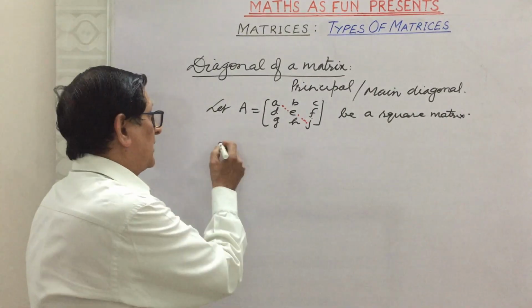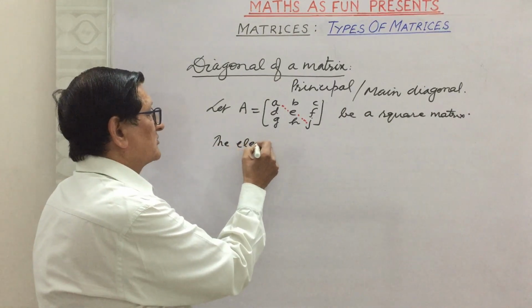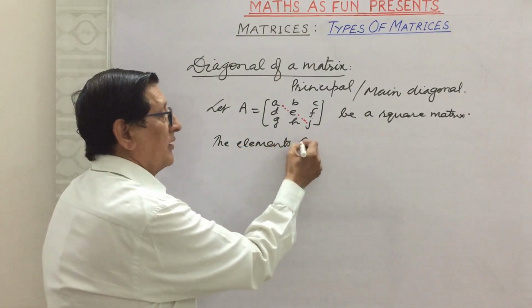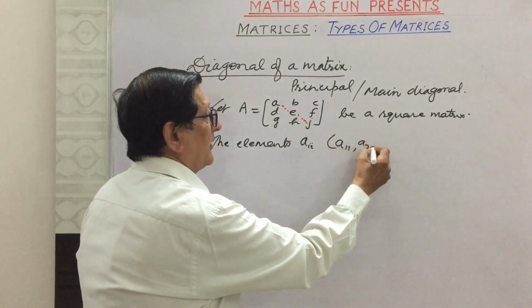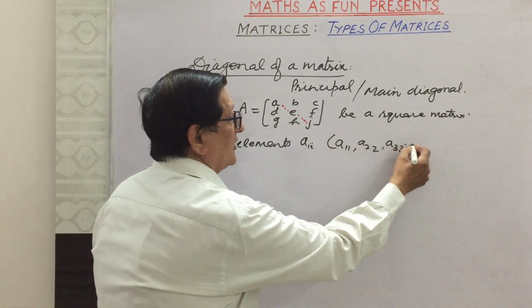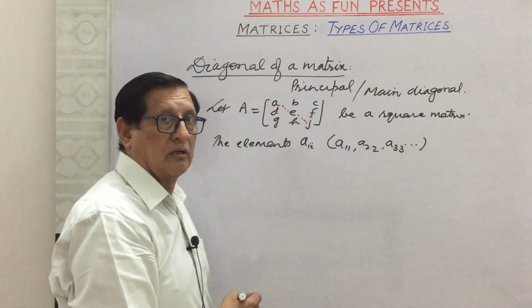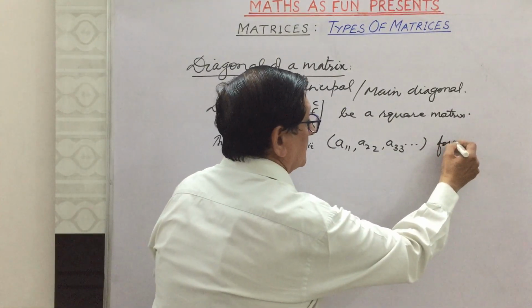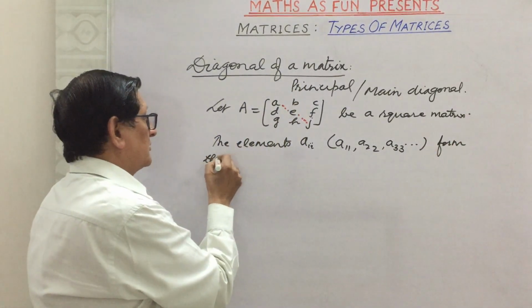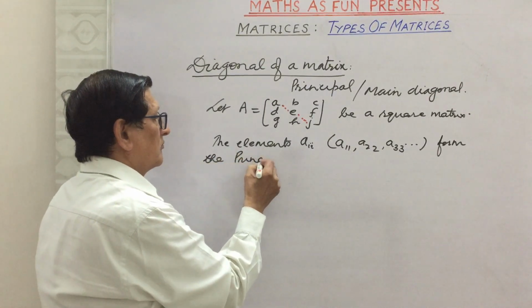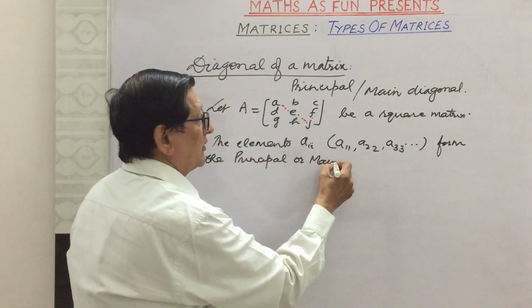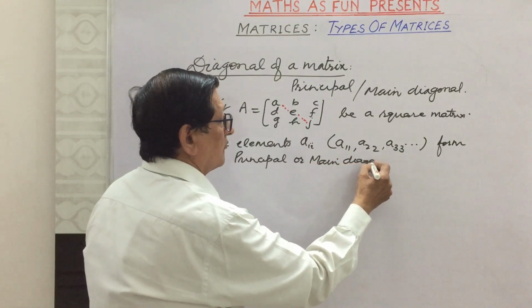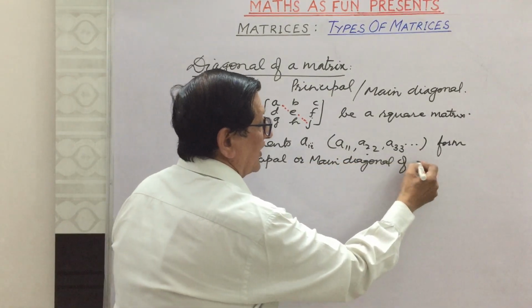It means what we can say about the diagonal. So we can say the elements a11, a22, a33, etc. form the principal or the main diagonal of a matrix.